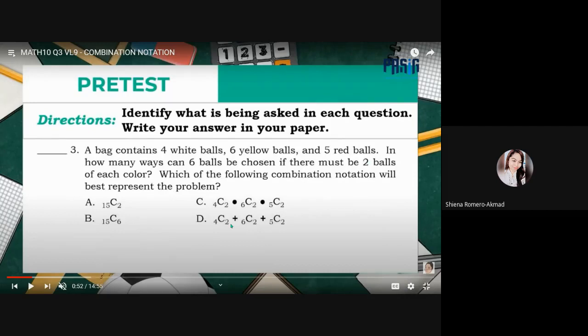wait lang may tumatawag. Wait lang. Hello po? Sige po. Kahit pag-booking niyo na po. Saan po ba kayo natira, sir? Sa Doña. Nagko-commute lang po kayo pag mapasok.